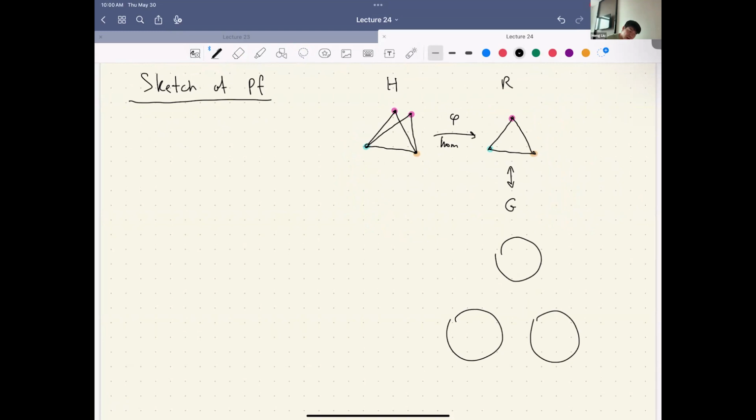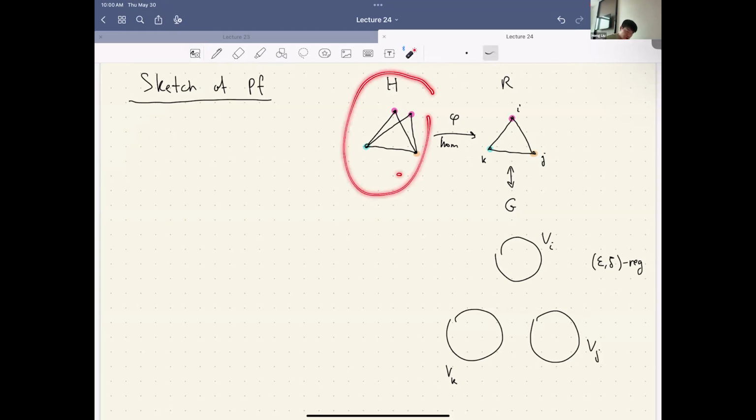If these are, let's say, I, J, K, you have Vi, Vj, Vk that are pairwise regular and dense. So epsilon-delta regular, right? Good. So now our goal is to embed this H in between these three clusters.